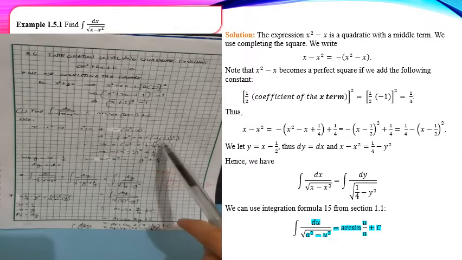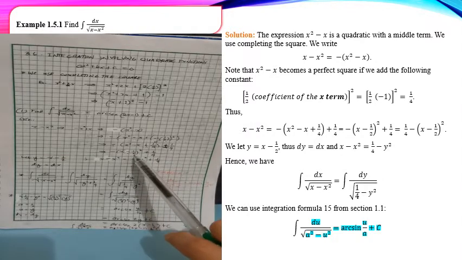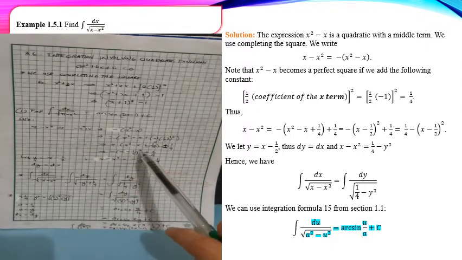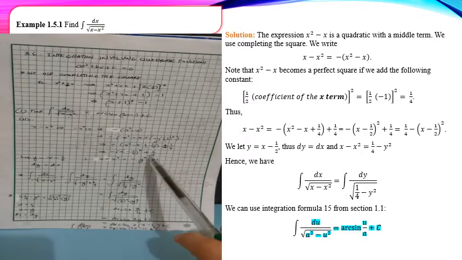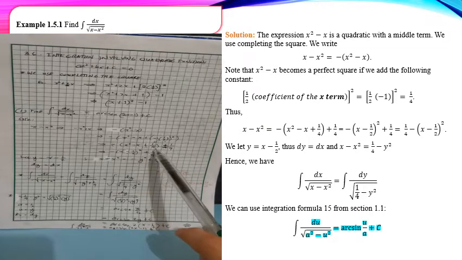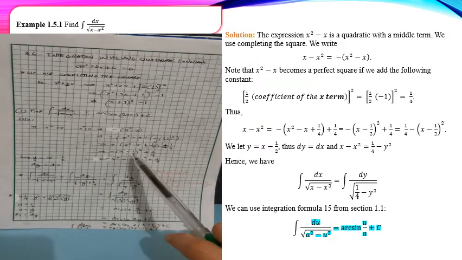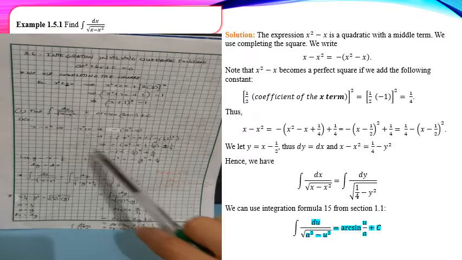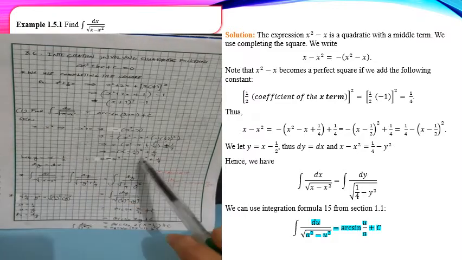Etong 1/4 na yan squared na siya, pero yung 1/2 na yan hindi pa siya squared. So x minus 1/2 quantity squared. So bring down natin si 1/4. You can check if yung product nito is babalik dito kay x minus x squared.